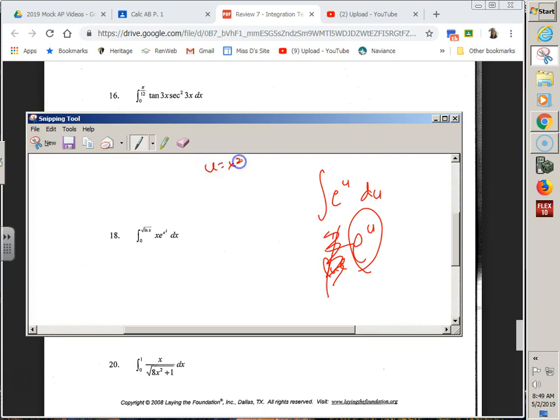Okay. When you plug it in, the square root squared is going to cancel, and then you're going to be able to go ahead and simplify.